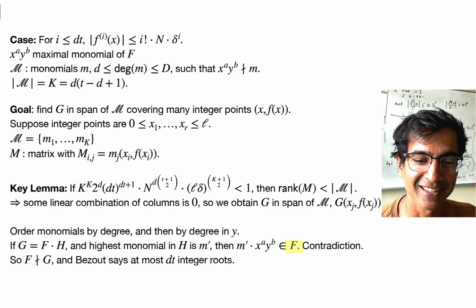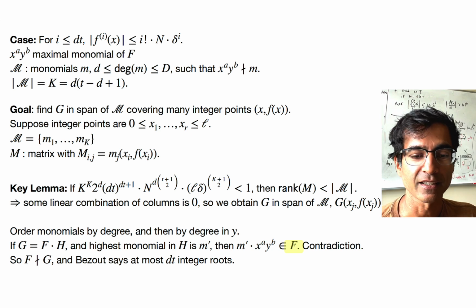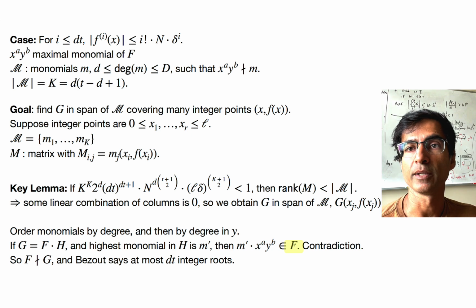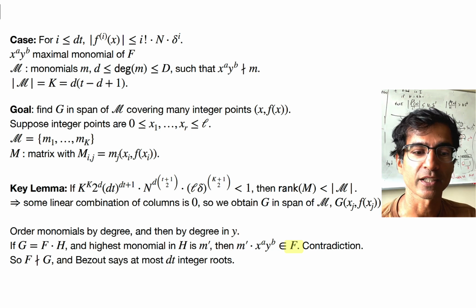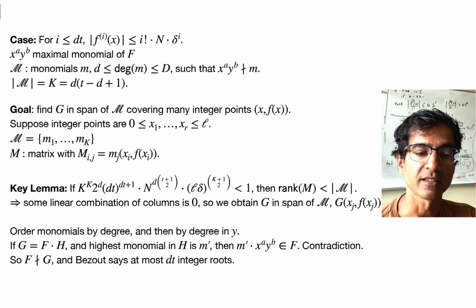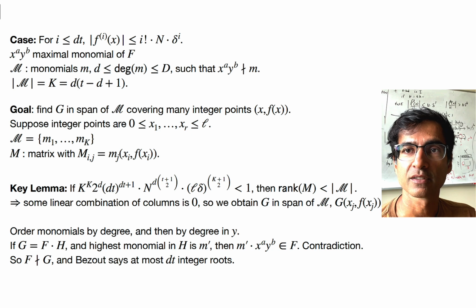The argument is the same. If you take the largest monomials in F and h, the product will be a monomial that's not cancelled by anything else, but cannot be in g. So F cannot divide g, and Bezout says that there are at most d times t integer roots. There are at most d times t common roots of F and g.